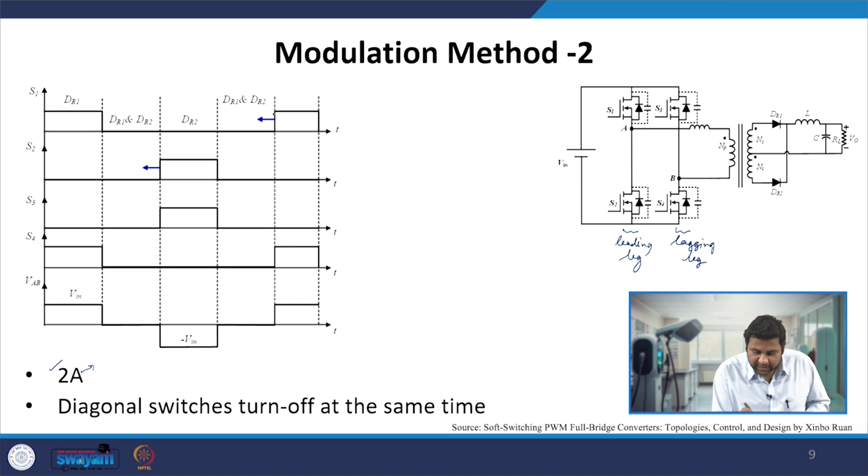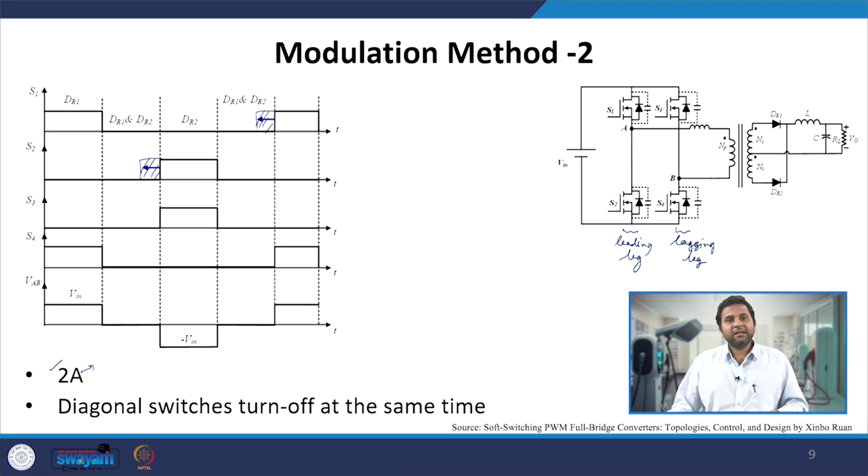So we are increasing the turn on period of only the leading lag by adjusting the turn on time in the forward direction. However, the turn on time is still less than Ts by 2 period.